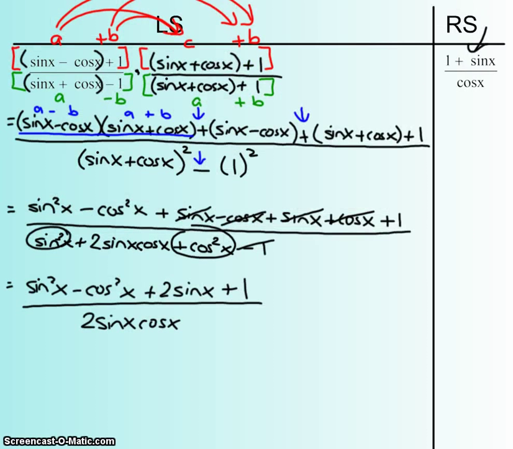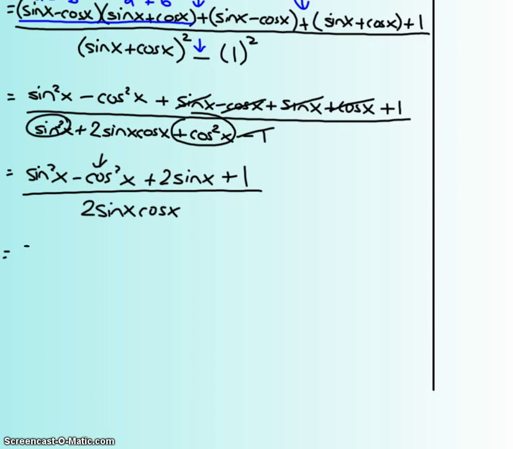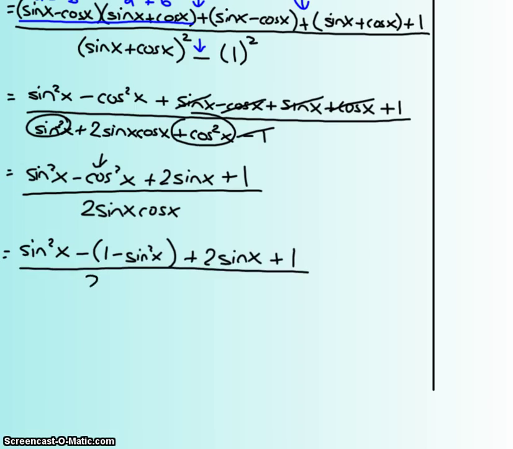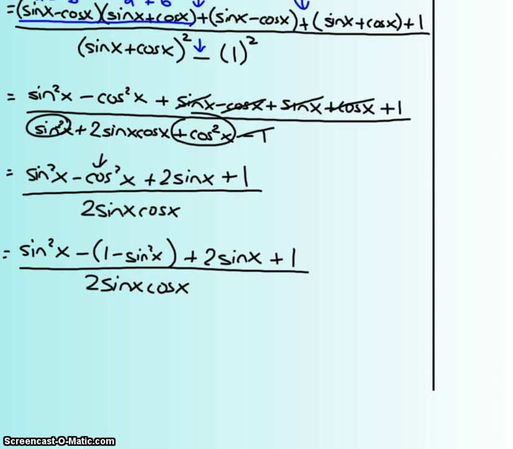So let's just change this cos squared x to sines, equals sine squared x minus, 1 minus sine squared x, so that was the cos squared x before, 2 sine x plus 1, and then you have the 2 sine x cos x. Alright, equals, take off the brackets. Now remember that the negative in front of the bracket is going to change the signs.